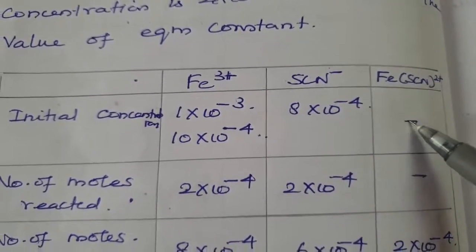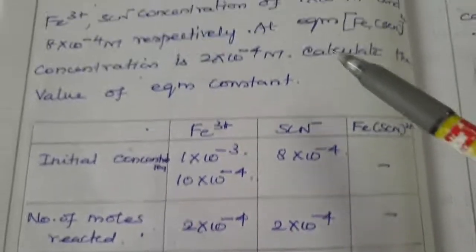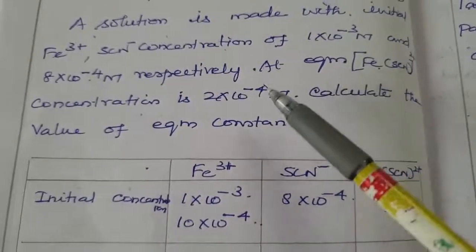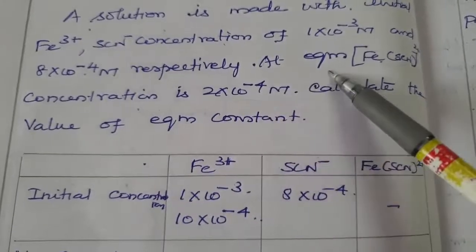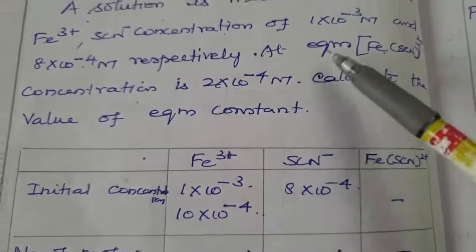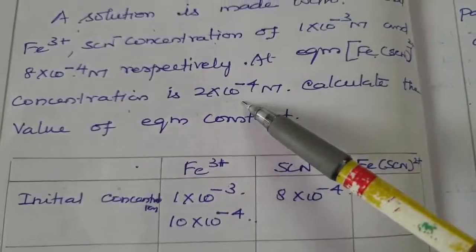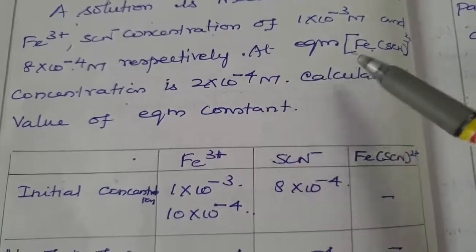At that time the product is not formed, so we put a dash here. Then another concentration given is 2 × 10^-4 M at equilibrium, right? These are the concentrations given in the initial state, and this is the concentration at equilibrium, when it reaches equilibrium, of this complex.